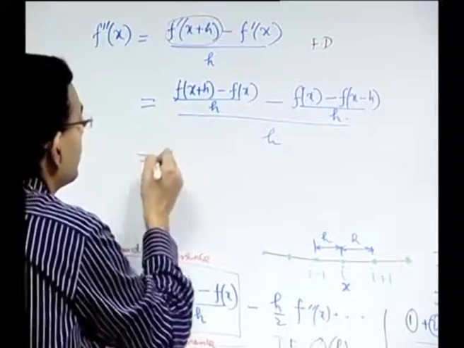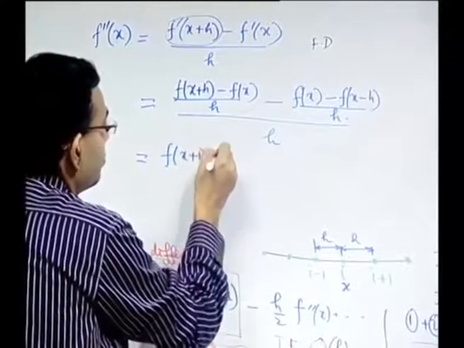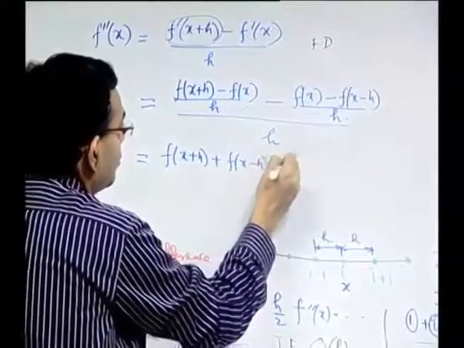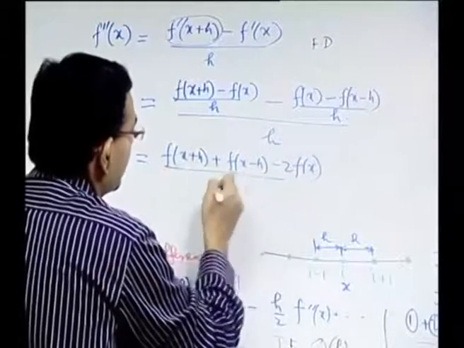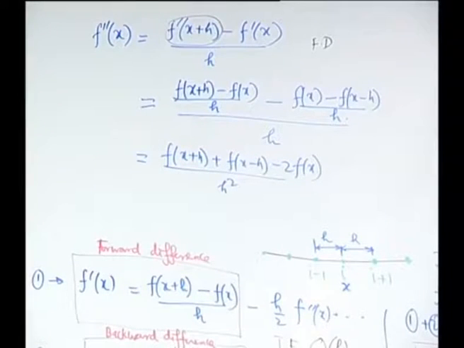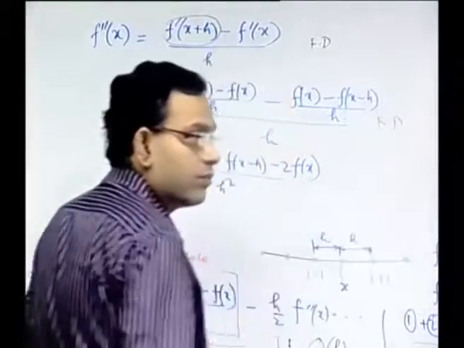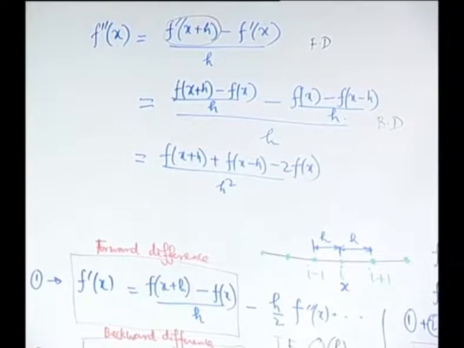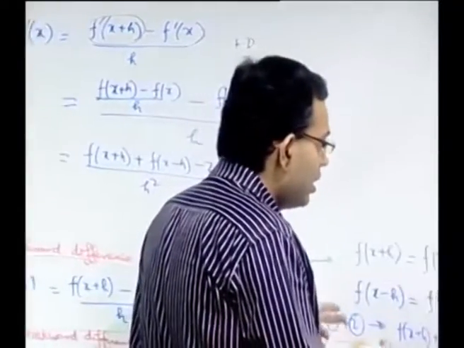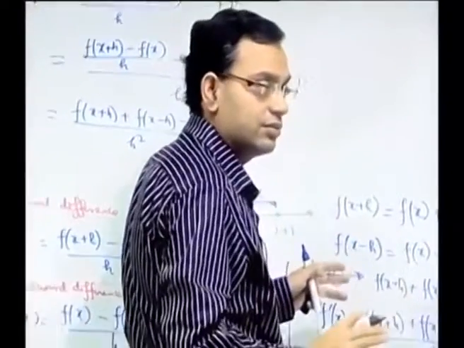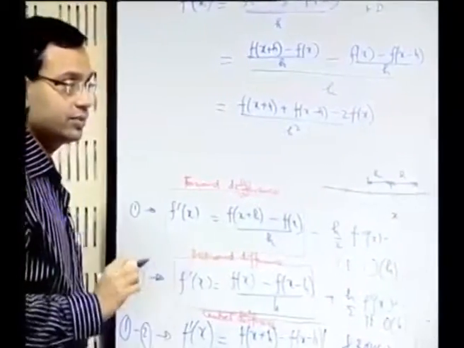So, f x plus h plus f x minus h minus 2 f x by h square. So the central difference formula may be perceived as two successive steps of one forward difference and another backward difference formula for first order derivatives. The manner in which you perceive it is the ultimate interpretation, but eventually whatever the formula, it may be generated by the Taylor series expansion. That is the simple way of looking into it.